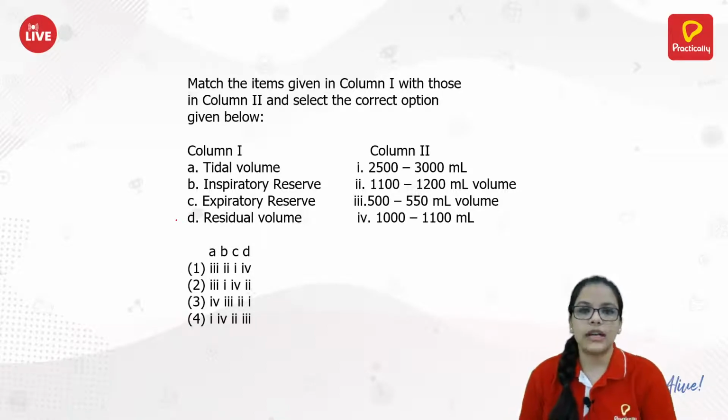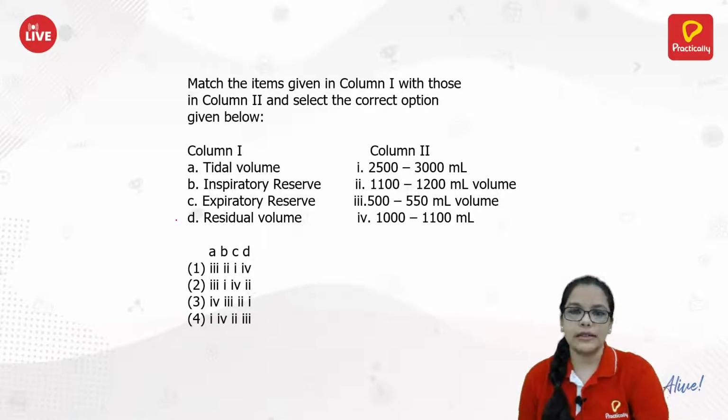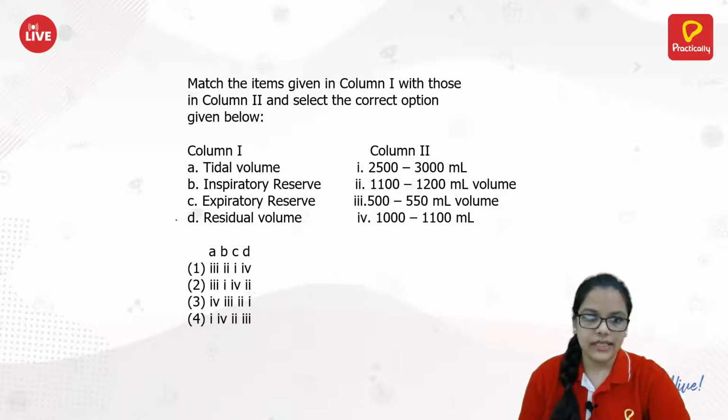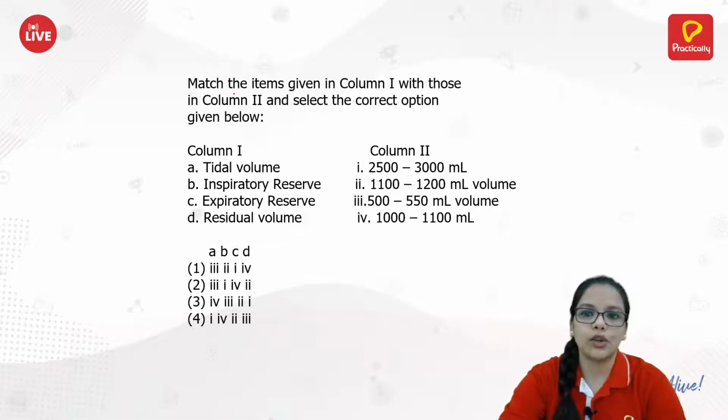Okay, that was the heart, and this is respiration, lungs and all. Let's see each of the things. What is tidal volume? What is inspiratory reserve? What is expiratory reserve? What is residual volume?